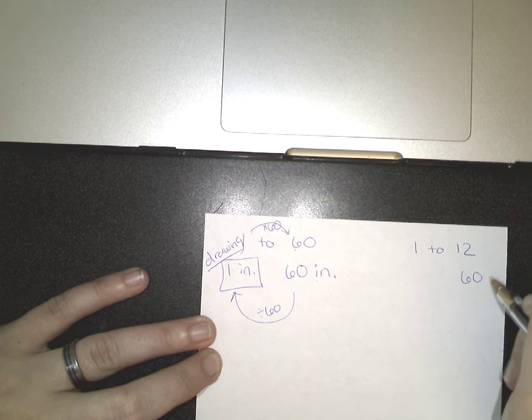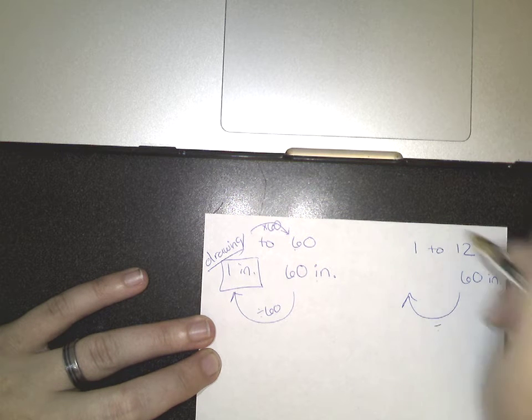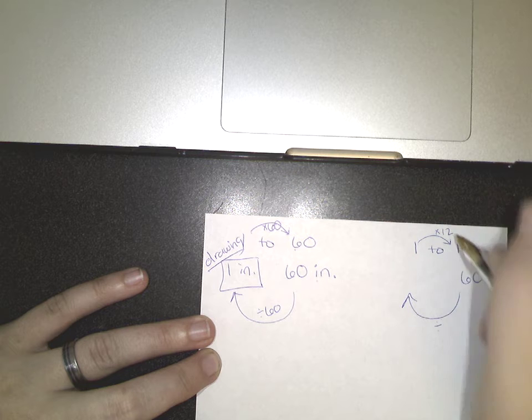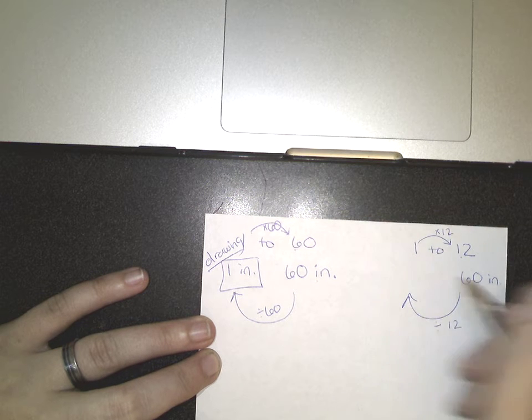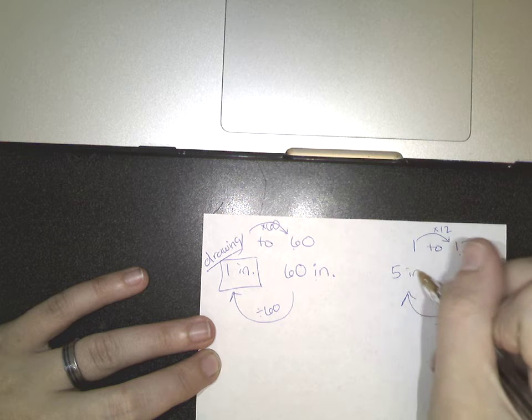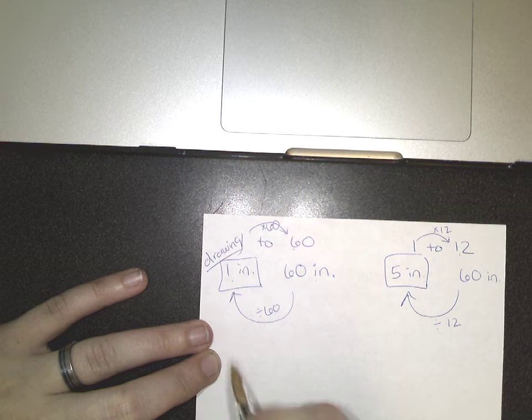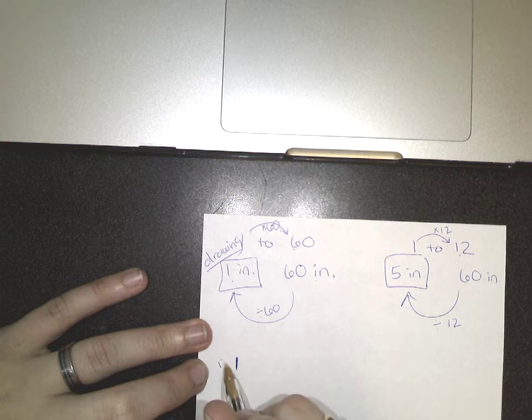If we took the same thing, it's a 60-inch wall, and we divided, the scale factor here is times 12, so to undo that, we would need to divide by 12. Now we would have something that is 5 inches long in the drawing. Well, it's only 1 inch long in the drawing here, so that wall might just be like this.